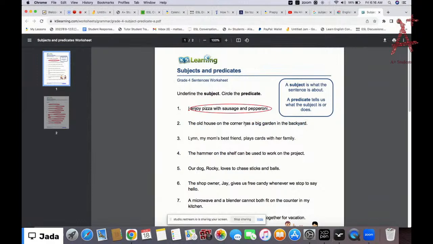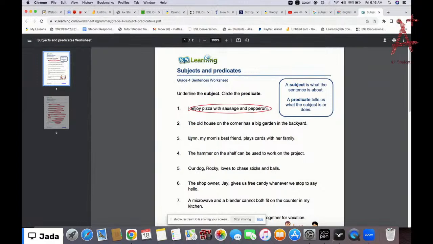If you just say big garden, backyard, what are you talking about? We have no idea, because you're only saying big garden, backyard. Who has the big garden? Who has the backyard? So now the old house is the subject.